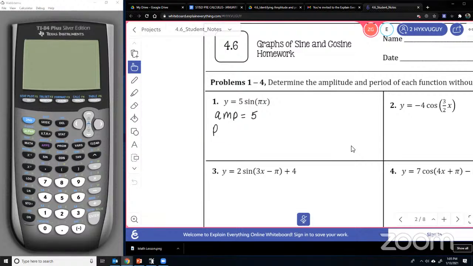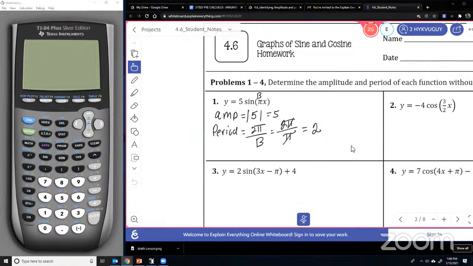The period was 2 pi divided by b. In this case, this is b. So we have 2 pi over pi. Pi's cancel. You're left with 2. Remember, we did this last time, sort of a review. And to find the amplitude, it's the absolute value of 5, which is 5.